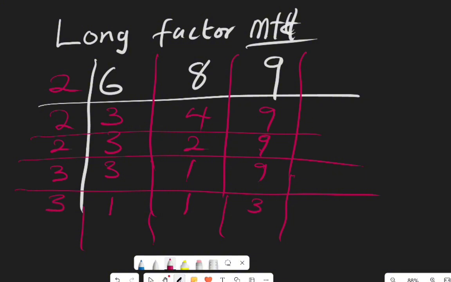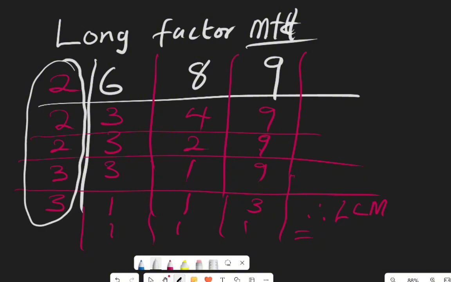And the last one is 3. We have 1, 1, 1. Therefore, the LCM is equal to, we pick all the factors here, which will give us 2 times 2 times 2 times 3 times 3, which will give us 72 as the answer.